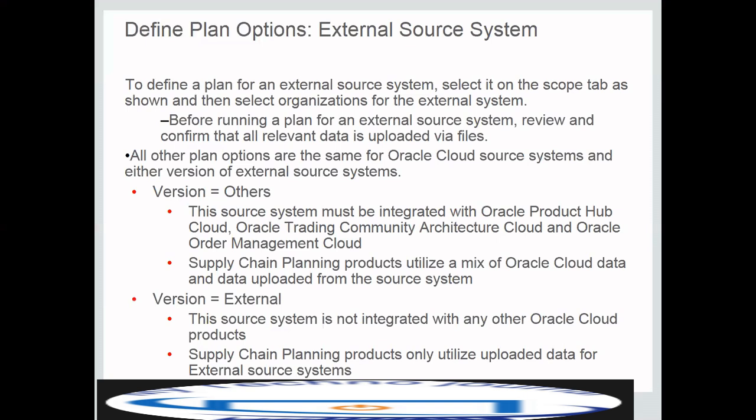Without regard to the source of the data, planning behavior is the same for any type of source system. Whether all the data has come from cloud manufacturing, cloud inventory, cloud purchasing, cloud OM, or you have uploaded the data using flat files, all the master data and all the transaction data, whether it is a normal source system or external source system, the behavior of the planning engine will be the same.